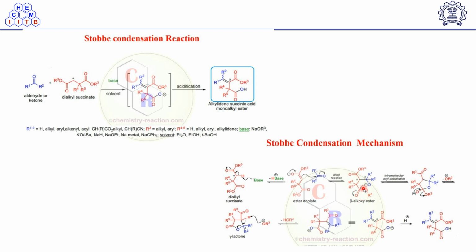Then an intramolecular acyl substitution takes place, that is, this O minus will attack this carbonyl carbon, resulting in the elimination of this OR3 group to form this gamma-lactone kind of derivative. Then again this ring will open to form this compound, which on protonation will result in this alkylidene succinic acid monoalkyl ester. So that is the mechanism for this Stobbe condensation reaction.